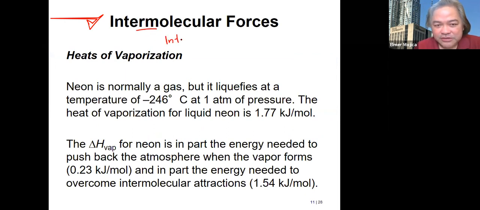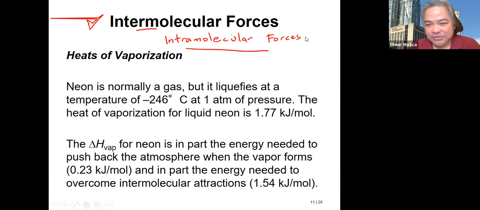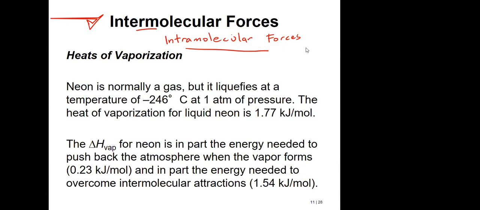In your Gen Chem 1, what you discussed there is the intramolecular. So what's the other word for the intramolecular forces? Anyone? Four-letter word.